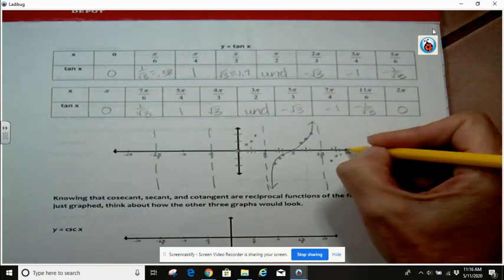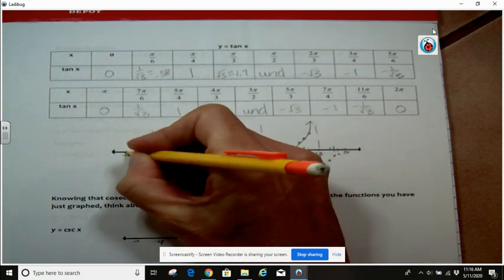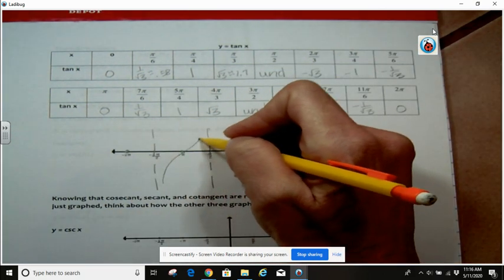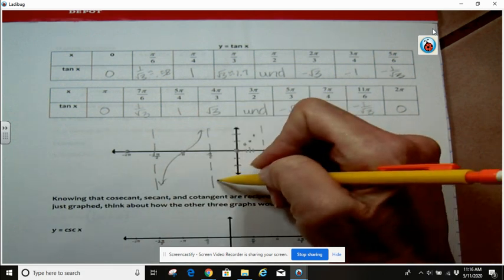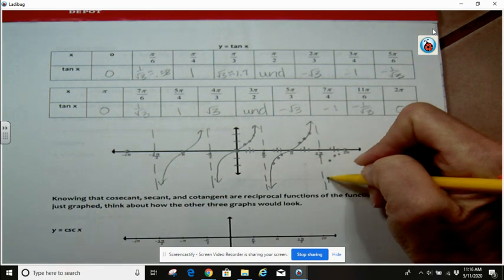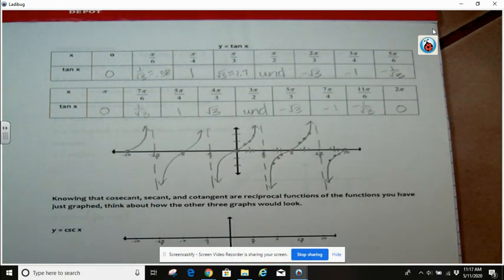The zeros are halfway in between. And the curves are cubic functions between your asymptotes through the x-axis. And that's what your tangent graph looks like.